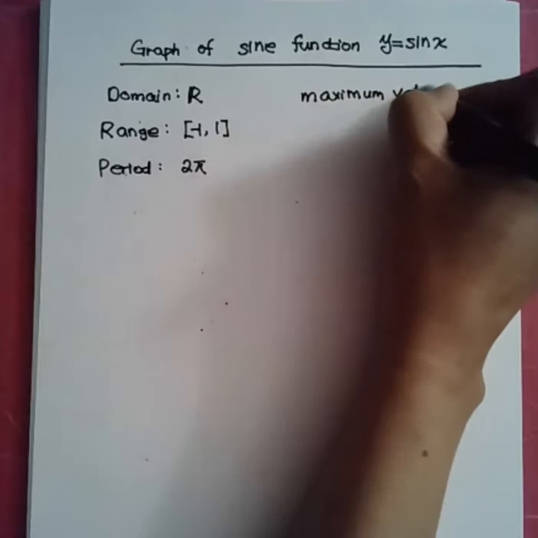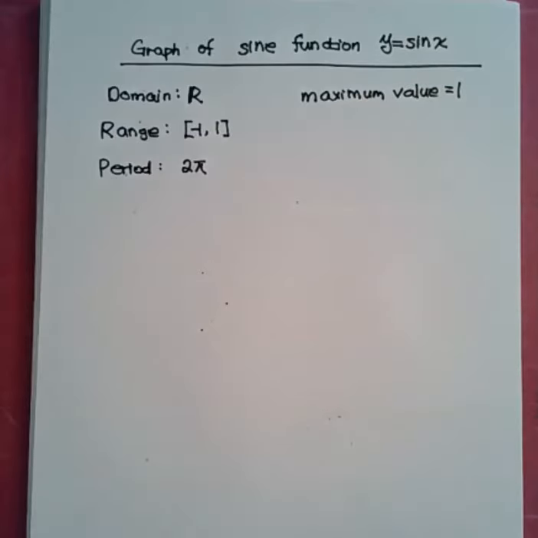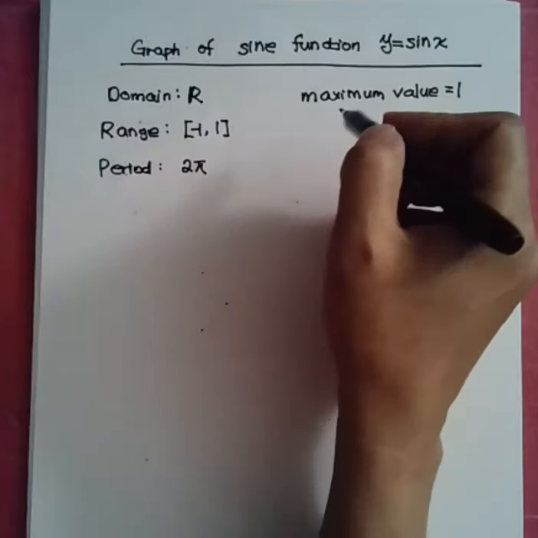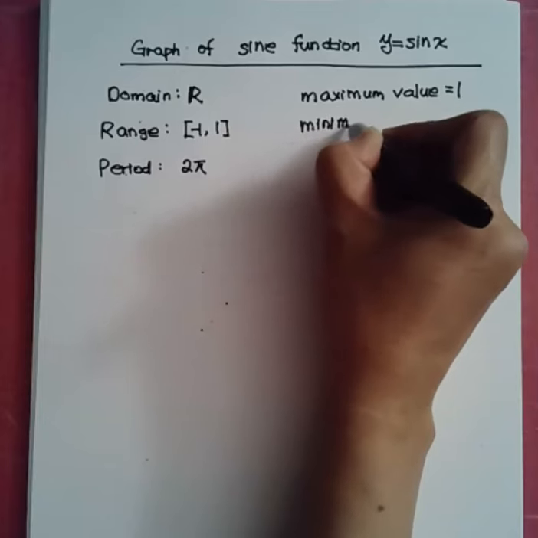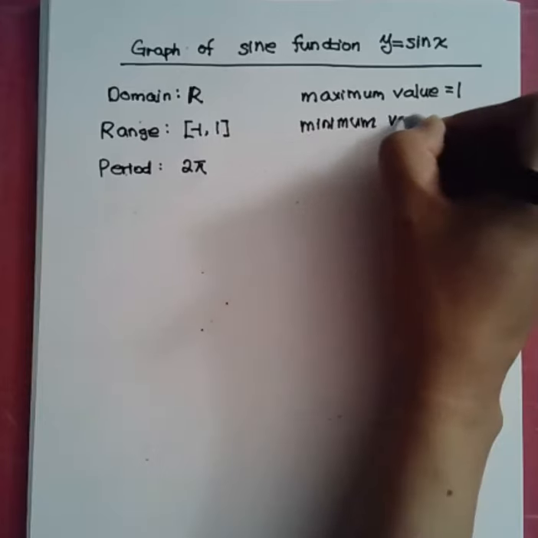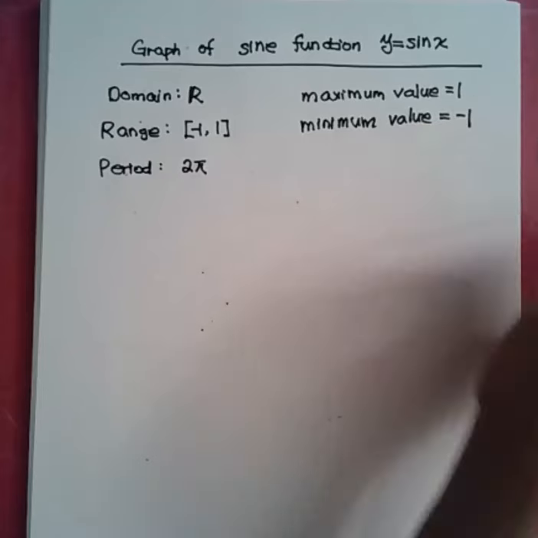We also know that the maximum value is 1. That is the largest function value. That is 1 because the range is -1 to 1. The minimum value of the sine function is -1.